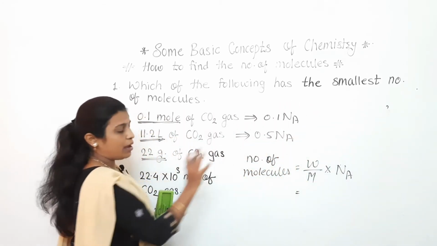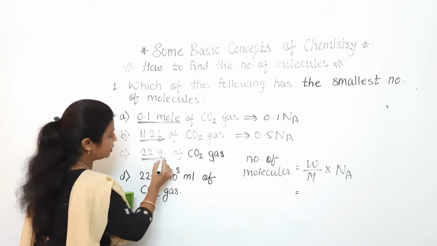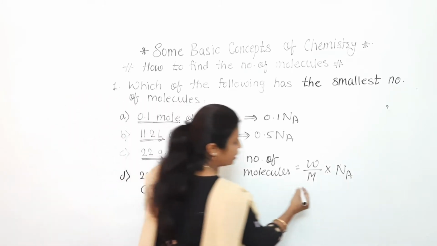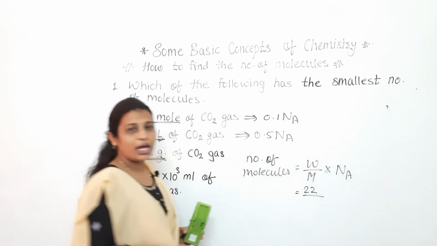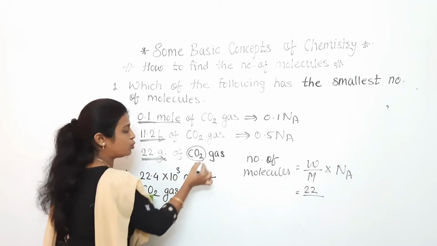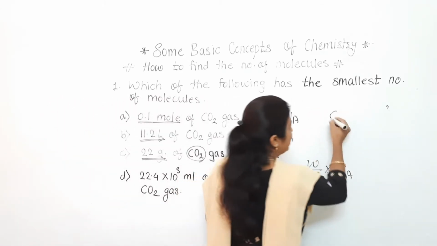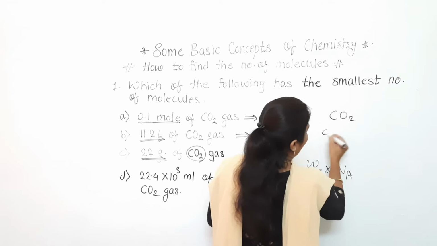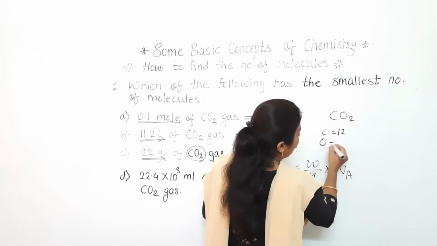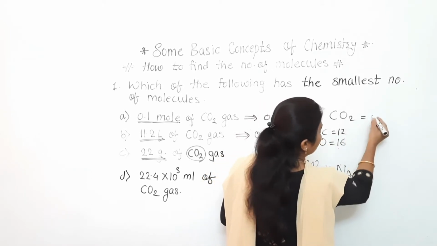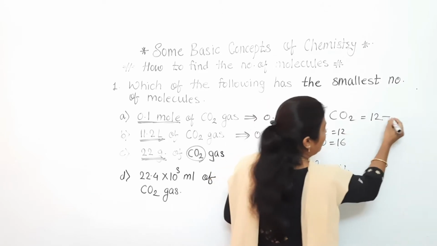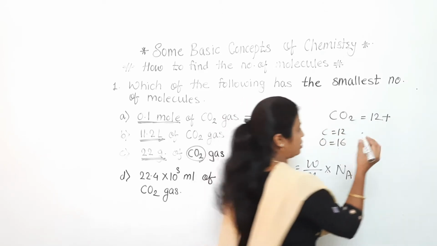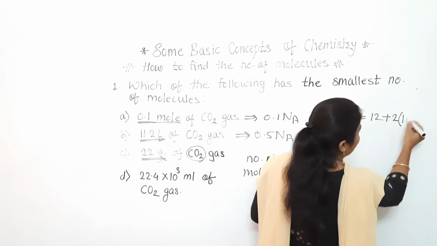Now see here, W is given. What is that W? That is 22 gram. So I am writing here 22. What about the molar mass? Molar mass of CO2, for that we are calculating here. Listen carefully. CO2, carbon having mass number 12, oxygen having 16. So for carbon 12 plus 2 oxygen atoms, 2 into 16.